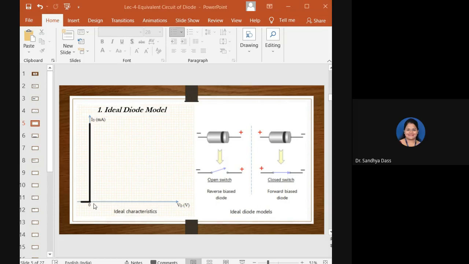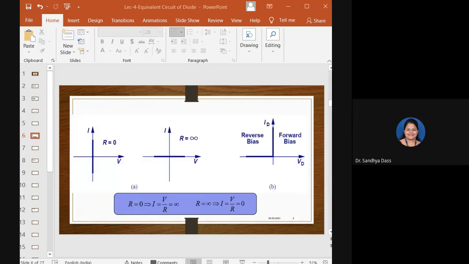If VD is less than VD on, the voltage that is required for the diode to conduct, then we say the applied voltage is reverse voltage. That means there is no current flowing through. So this would be the typical characteristics of an ideal diode, as you can observe there, right?